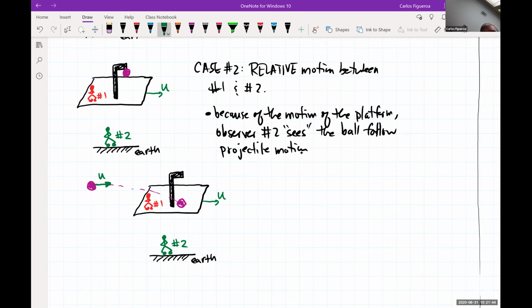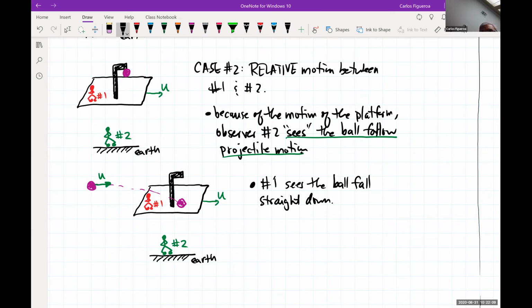So observer 2 sees the ball follow projectile motion. If I look at observer number 1, he sees the ball fall straight down. Okay, it falls straight down.